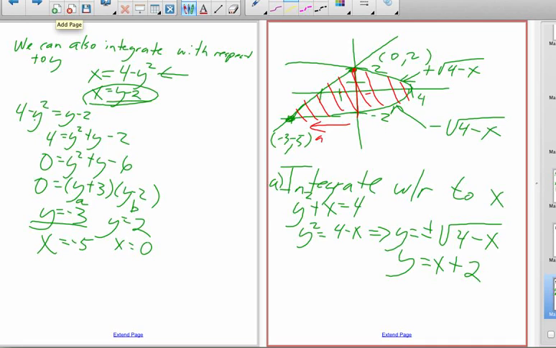I have the x plus 2 on top, and the negative square root of 4 minus x is on bottom. On this one, I've got this on top and this on bottom over here, which is from 0 to 4. So we've got two different integrals we need to set up here again.